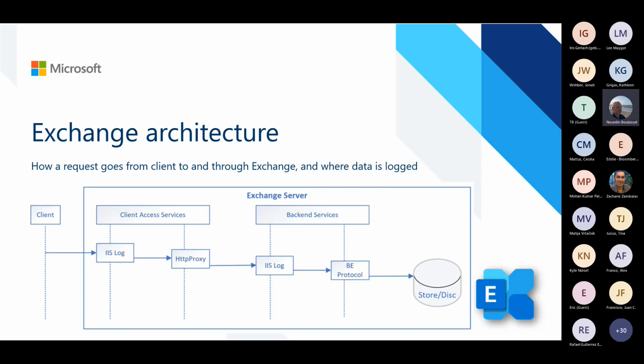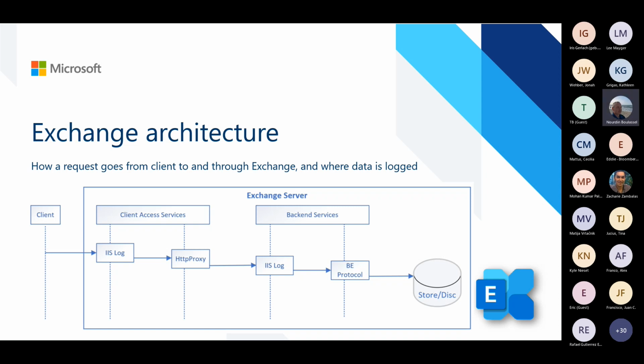And with that, one last word on architecture. Where can you trace or where can you collect meaningful data? Here on the client, of course. Then you have, on the client access services, the IIS log on the front end and the HttpProxy log.